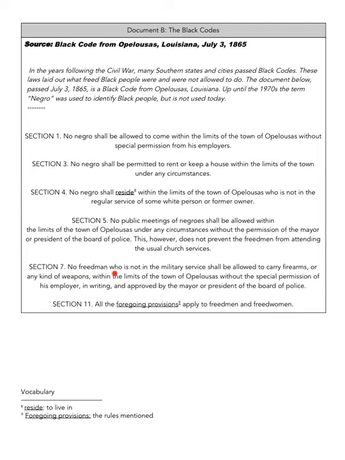No freedman who is not in the military service shall be allowed to carry firearms or any kind of weapons within the limits of the town of Opelousas without the special permission of his employer in writing and approved by the mayor or president of the Board of Police. Section 11. All the foregoing provisions, there's a footnote, meaning all the rules mentioned, So all the foregoing provisions apply to freedmen and freed women.